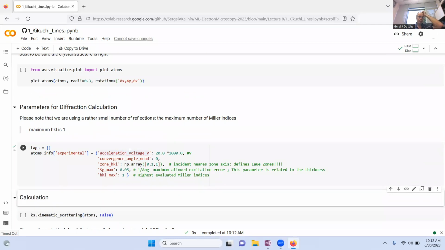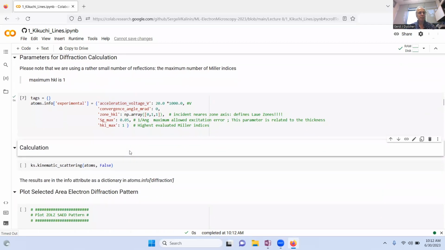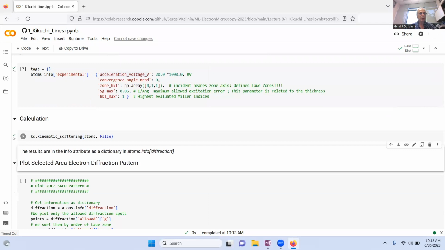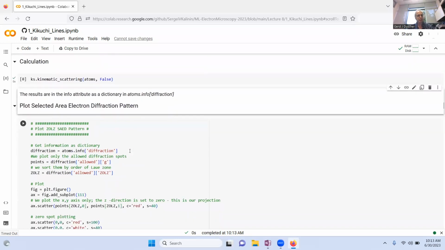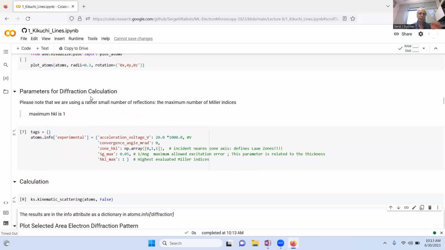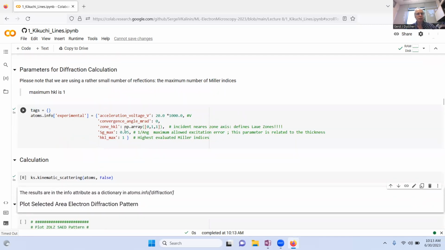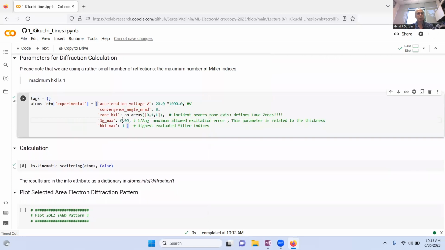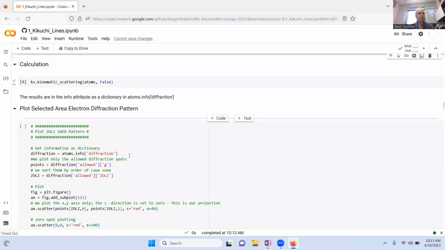We do our convergence angle, and then we calculate everything with this kinematic scattering, and all we need, of course, is the atoms. But into the atoms, I put a dictionary where I put the acceleration voltage, convergence angle, and of course, very important, my excitation error.